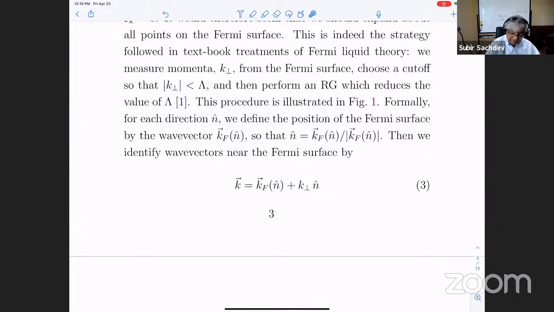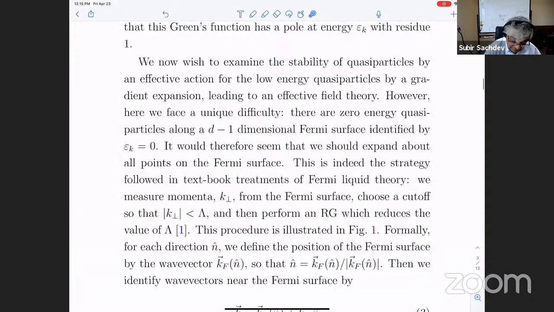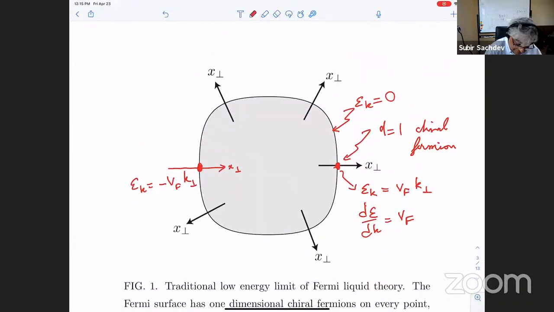Let's draw it over here. So you start from this point, and you're going to go to that point. That's my k. This is my n hat pointing towards k. And this point is kF of n hat.